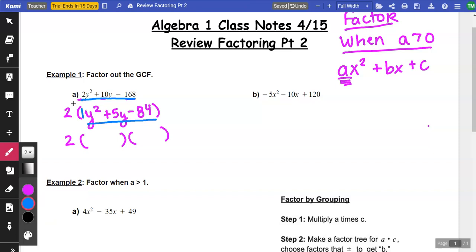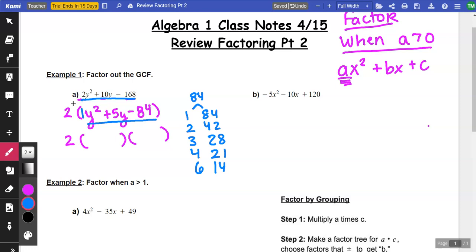So I'm going to go ahead and set up the factors in the next step. And we're going to make a factor tree for c, which is now 84. So the first factors of 84 are 1 and 84, 2 and 42, 3 and 28, 4 and 21. I don't think 5 goes in. 6 and 14.